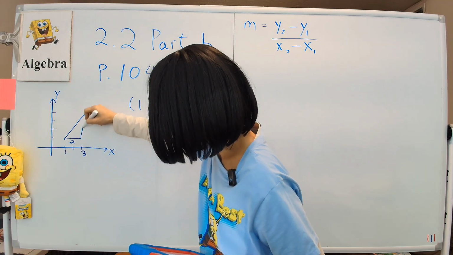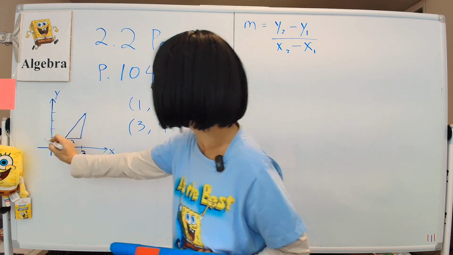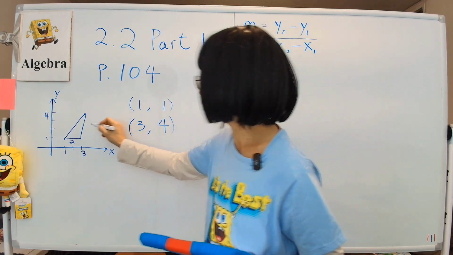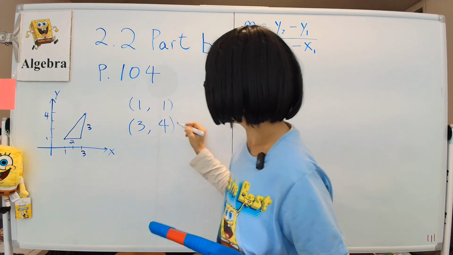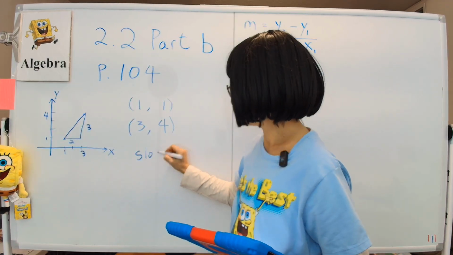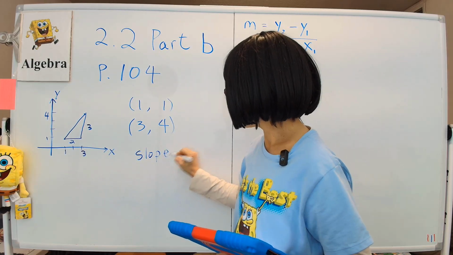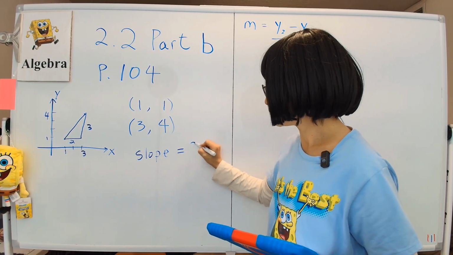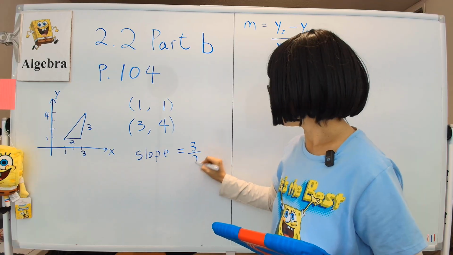And then going up, we're going from 1 to 4, so the whole distance is 4 minus 1, which is 3. Therefore, the slope for this case will be equal to 3 over 2, which is a pretty steep slope.